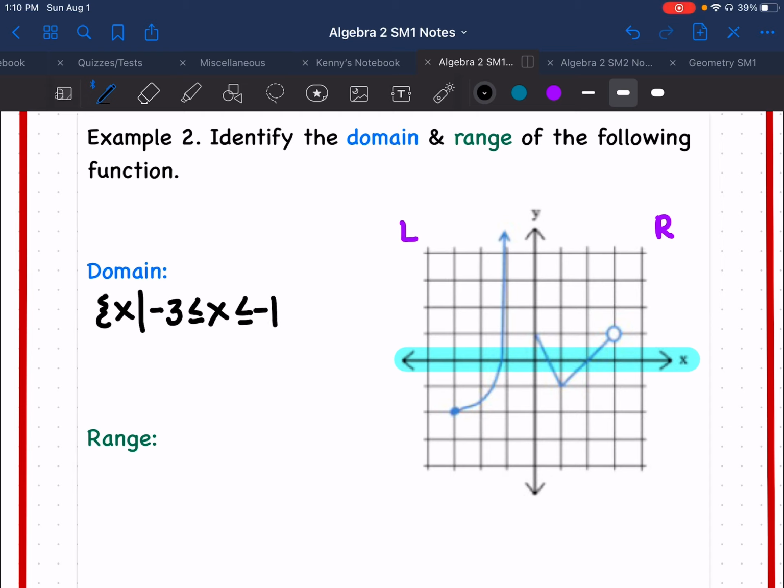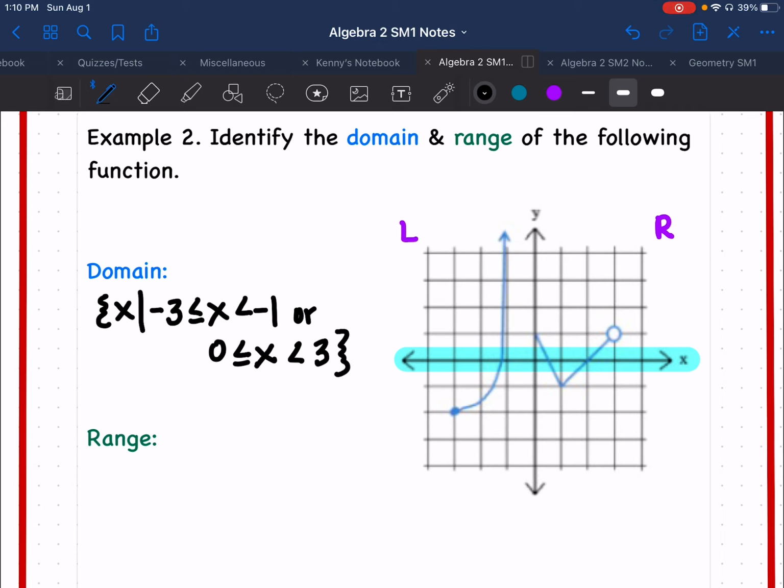Actually, I don't think I want the equal to on that side, because it's going to go continuing forever. Or 0 less than or equal to x less than 3.